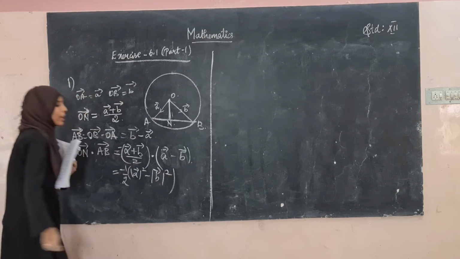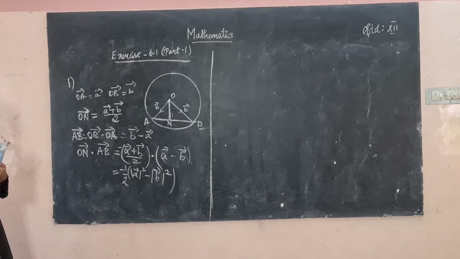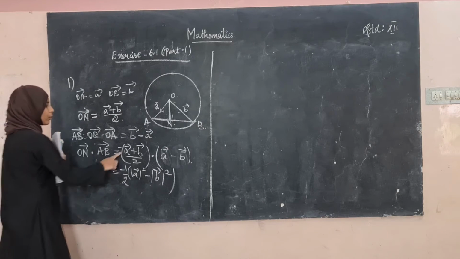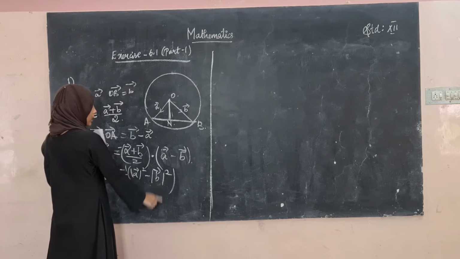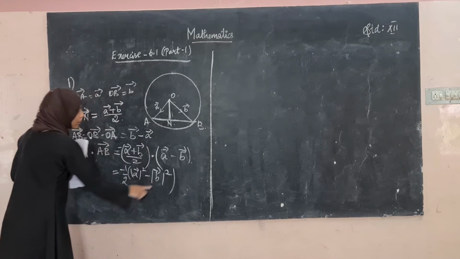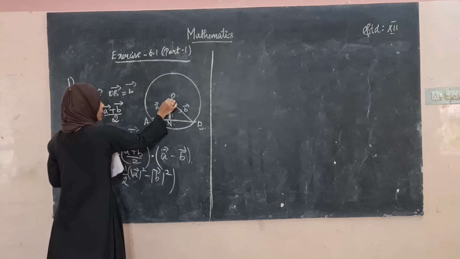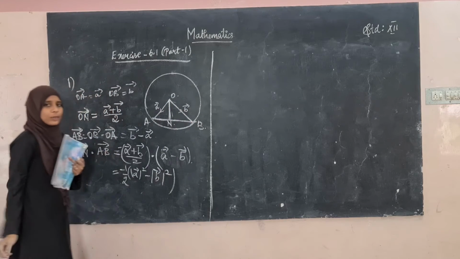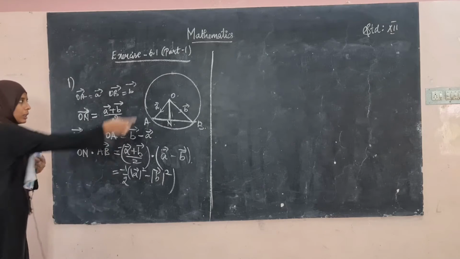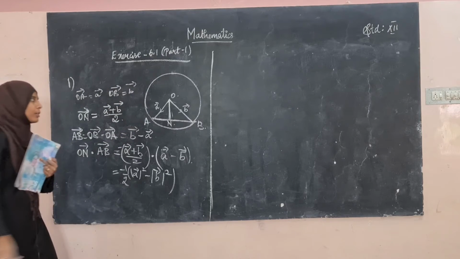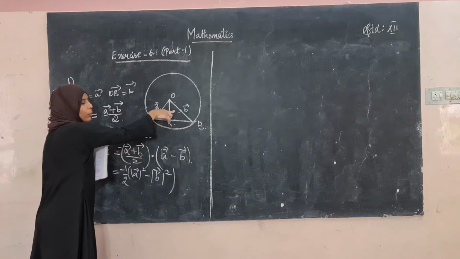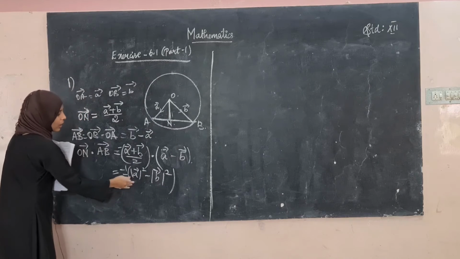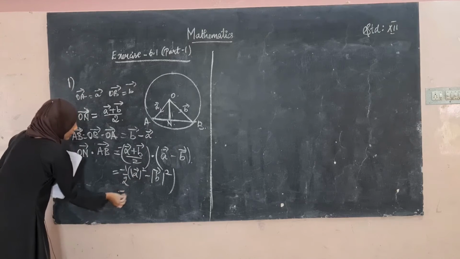This is in the format of A plus B into A minus B. Therefore A vector the whole square minus B vector the whole square. See here, OA vector and OB vector are radii, and the radius is the same for all points in this circle. If the radius is r, OA is r, OB is also r. Putting the values, r square minus r square becomes 0.